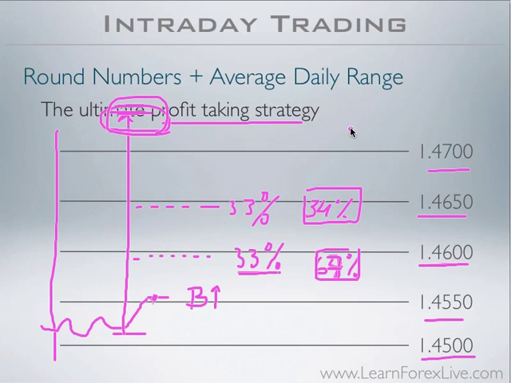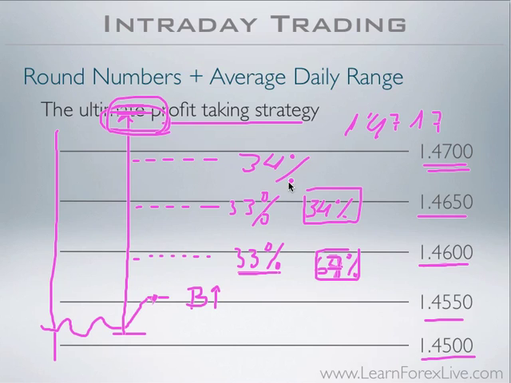Let's assume the average true range takes me all the way to 147, I don't know, 17. What's the round number immediately before hitting my average true range projection? Obviously, it's 147. So I would close out the final 34% of the trade there.